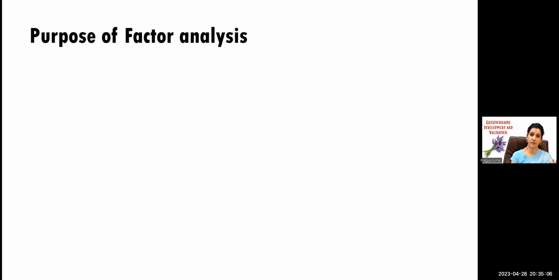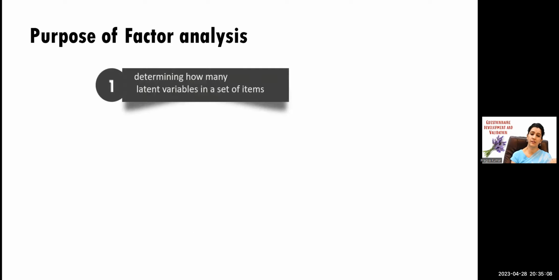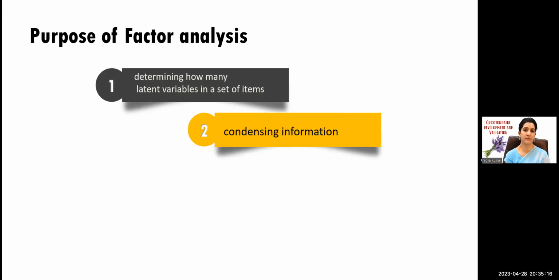Then what is the purpose of factor analysis? Basically, factor analysis determines how many latent variables are there in a set of items. And again, we said that it condenses the information. Condensing the information means it breaks the 51 items into a few factors so that analysis becomes easy.